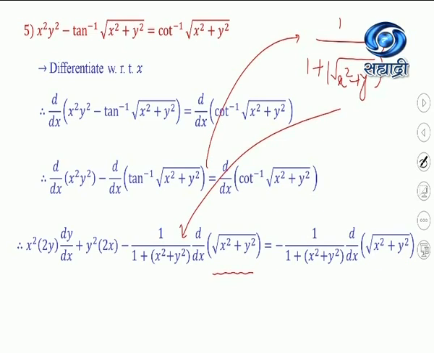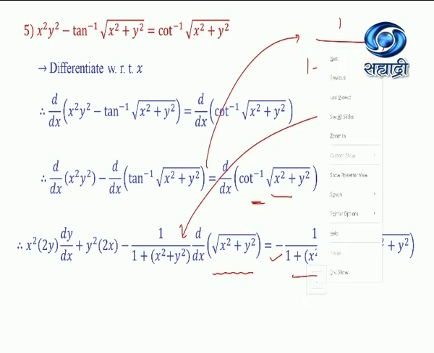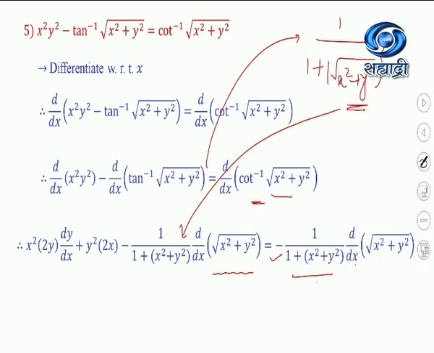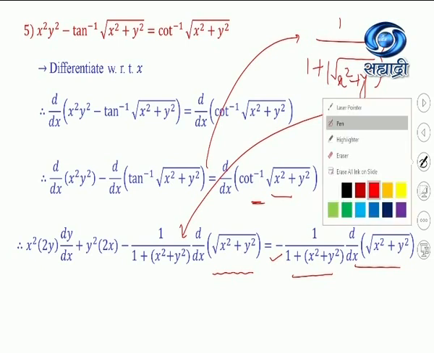On the right hand side, use the same thing. See here, derivative of tan inverse x is plus and derivative of cot inverse x is minus. So here I write minus sign 1 upon 1 plus square of root, that is this, and it becomes x square plus y square into derivative of root by using chain rule.